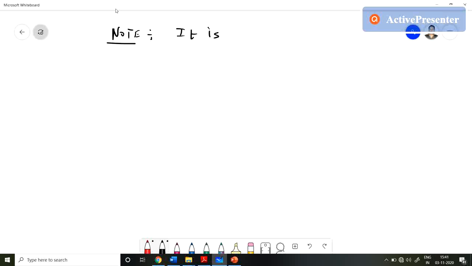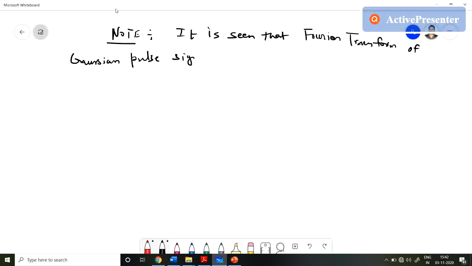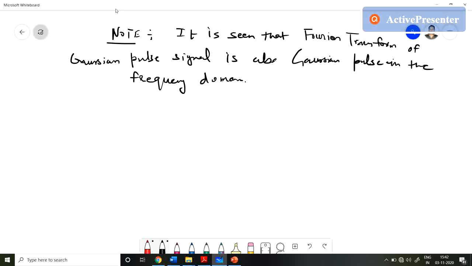So it is seen that the Fourier transform of a Gaussian pulse signal is also a Gaussian pulse in the frequency domain.